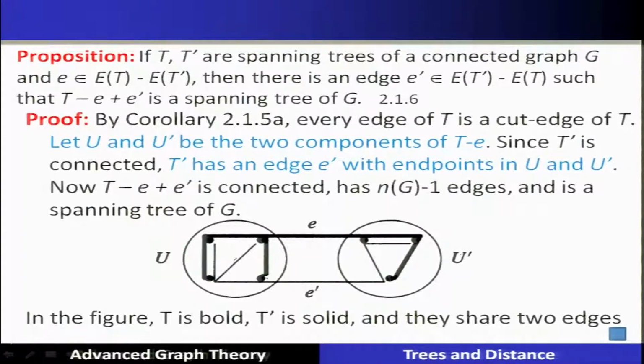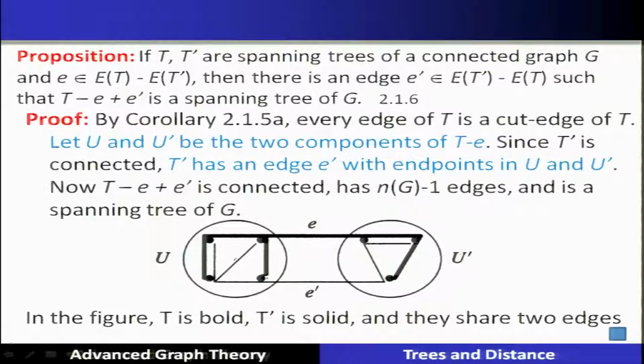So what it says is that if there exist two different spanning trees of a connected graph, then if you remove an edge from a particular spanning tree T, that tree will become disconnected. Why? Because every edge is a cut edge, as we have seen in the previous theorem.